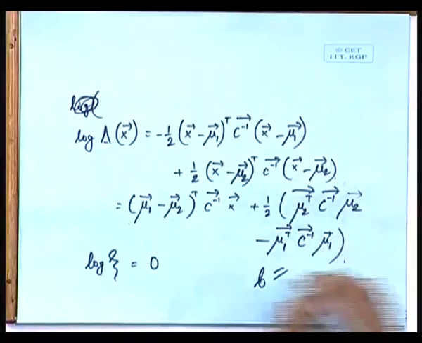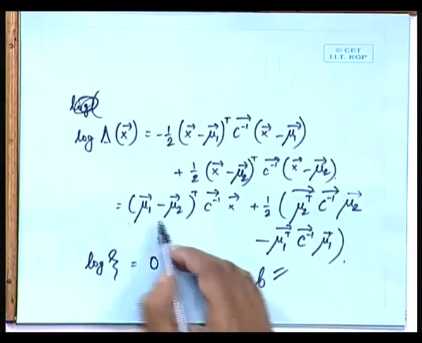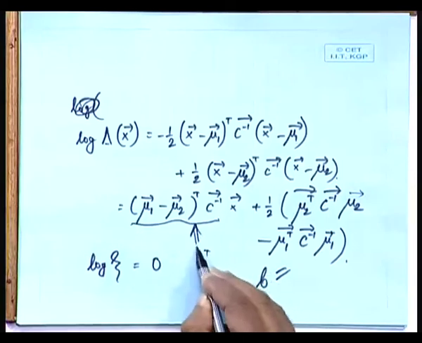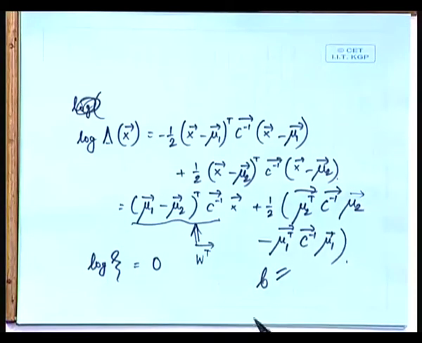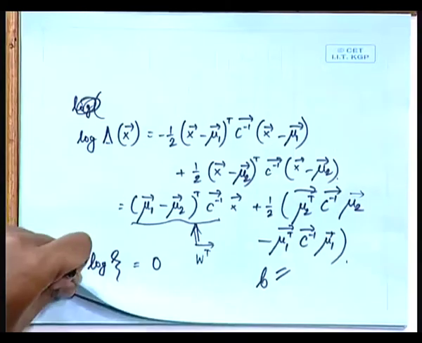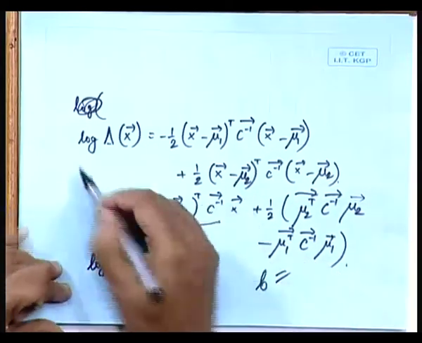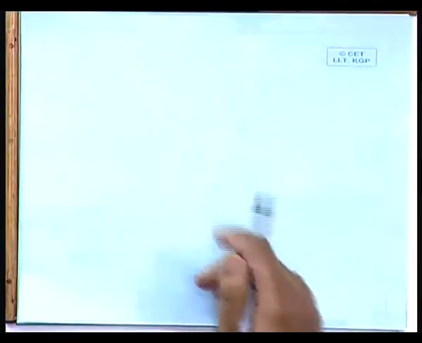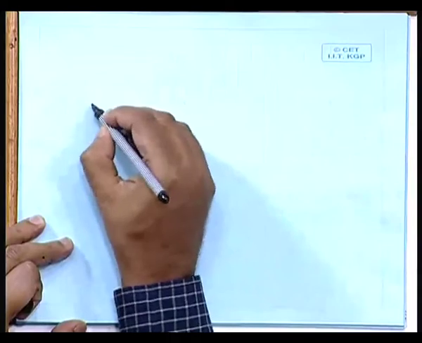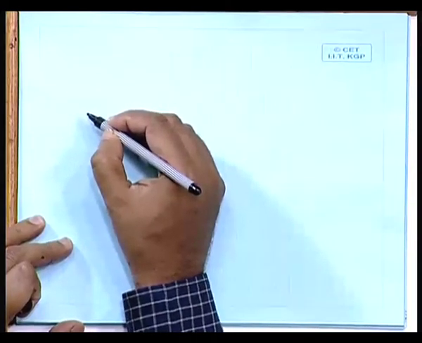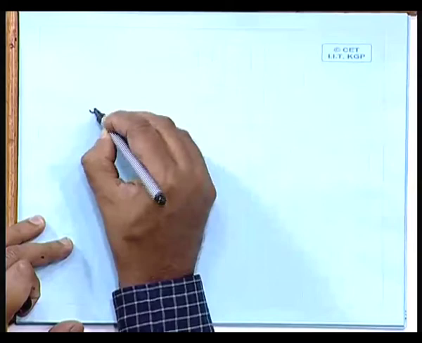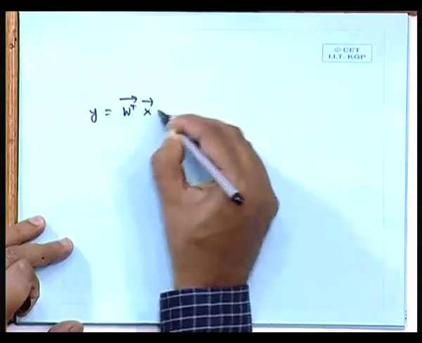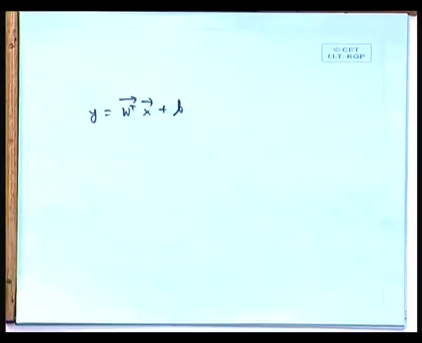This can be substituted for the bias b, and if we substitute this for W transpose, what is the expression that we are getting? If we call this y, the equation that we are getting out of this log likelihood ratio for the Gaussian distribution based classifier is simply y equals W transpose x vector plus b.